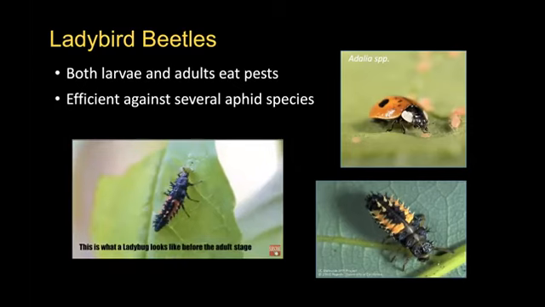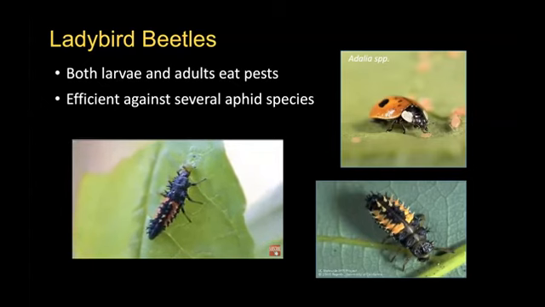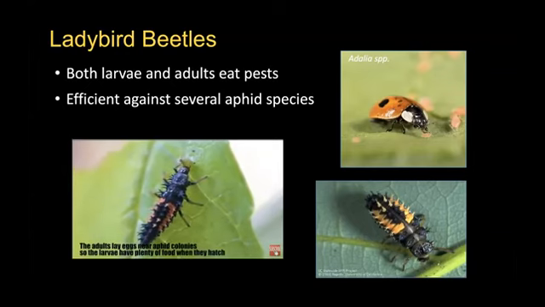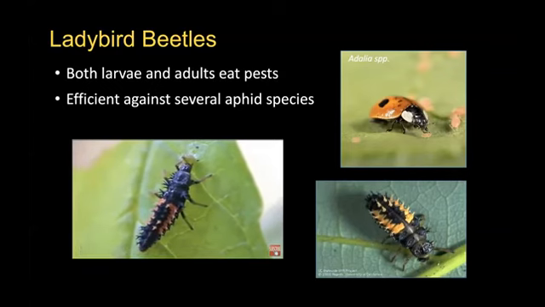However, what is not common is this larva, which you can see in the video. It's the immature stage of this beetle. And I would like to say that both larvae and adults of these beetles are very important biological control agents, and they provide efficient control of many aphid species.